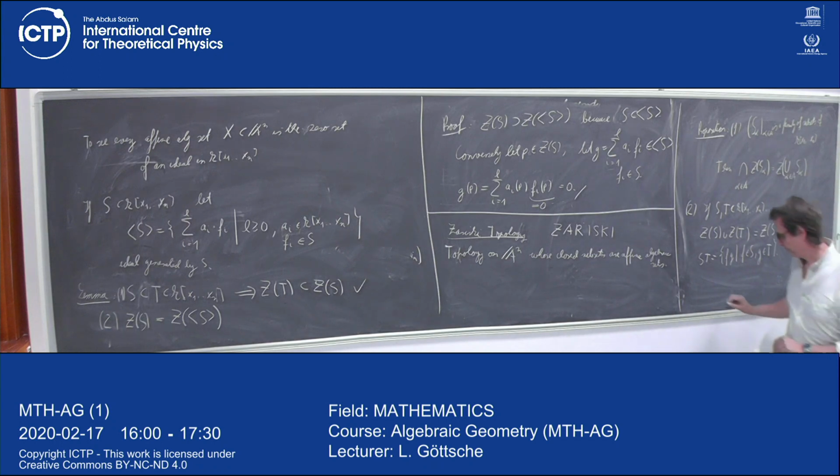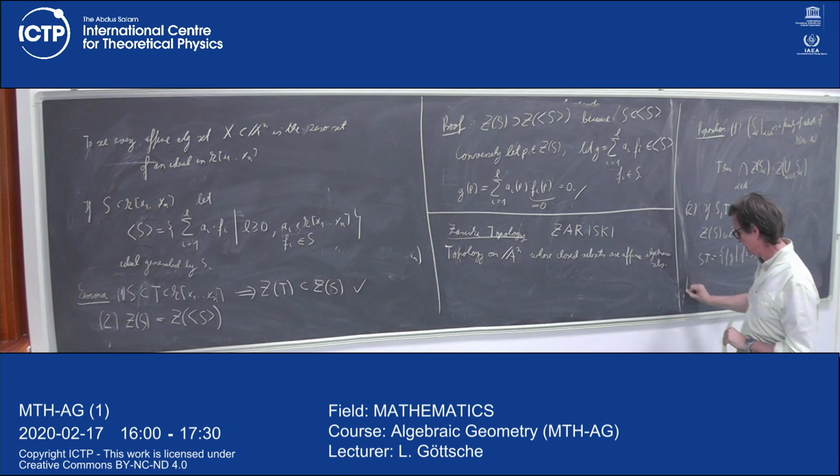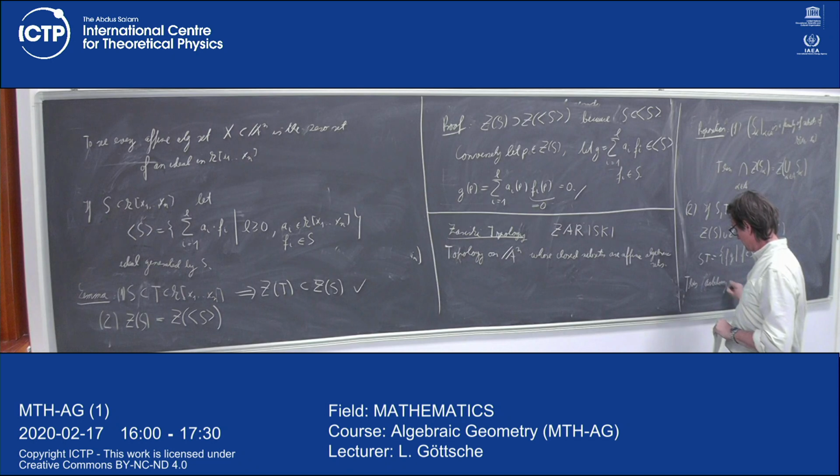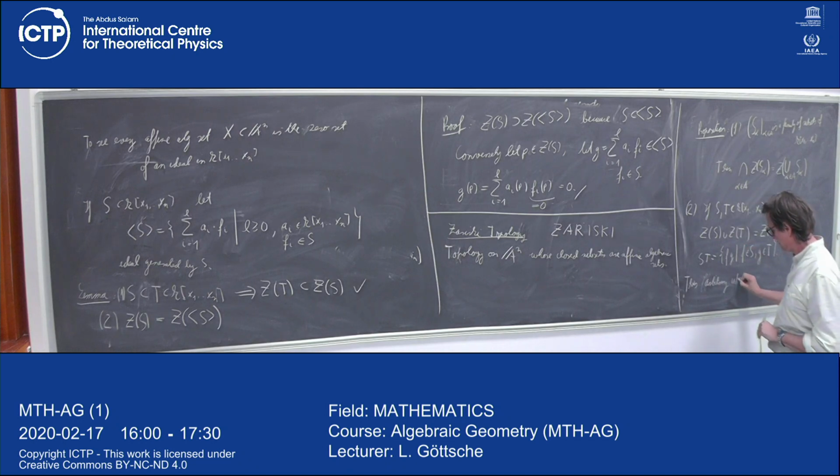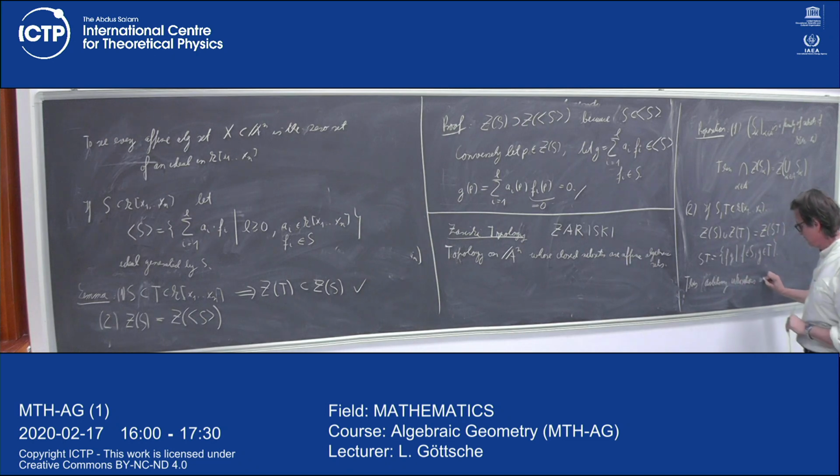Note that these two together say that arbitrary intersections and finite unions of affine algebraic sets are affine algebraic sets.